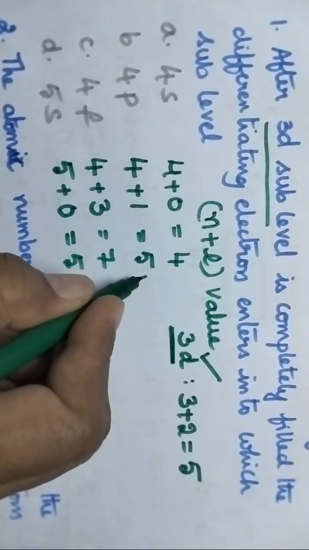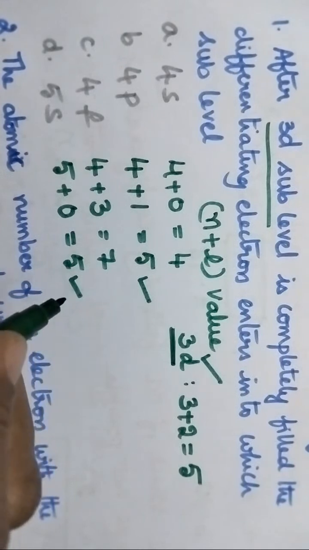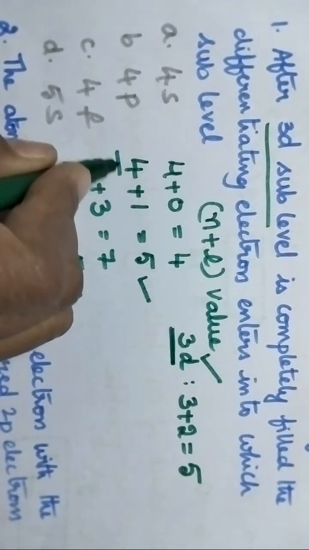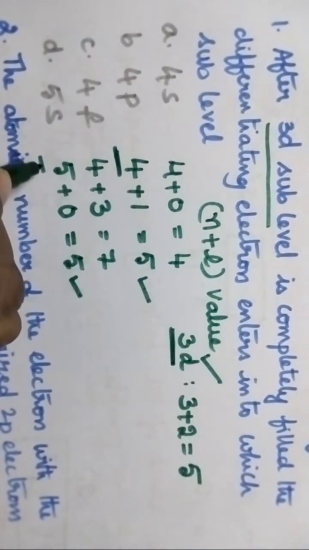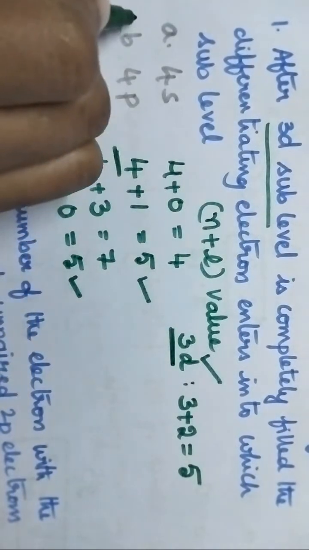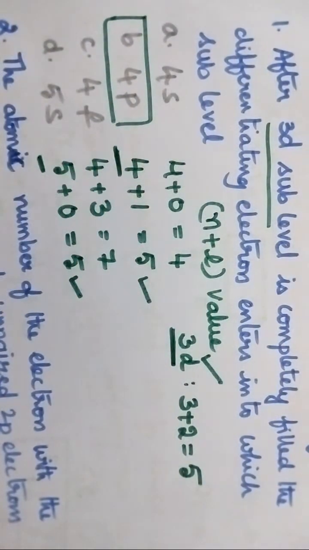So especially 4p and 5s orbitals have the same n plus L value. In that case, we have to consider n value. The orbital with lowest n value should be filled first and hence 4p orbital should be filled first. So option B is the right answer. Tilak, very good.